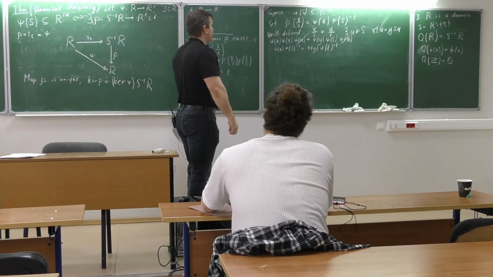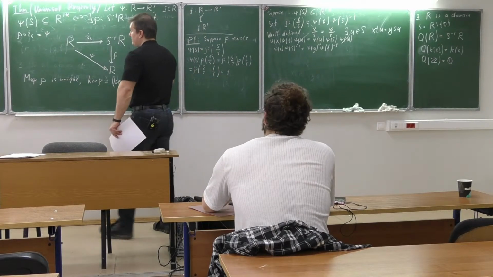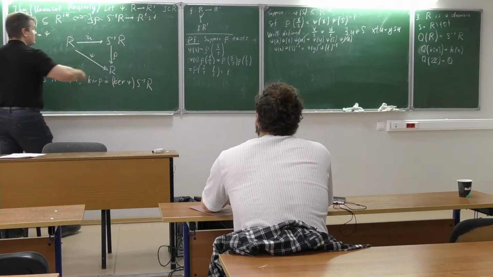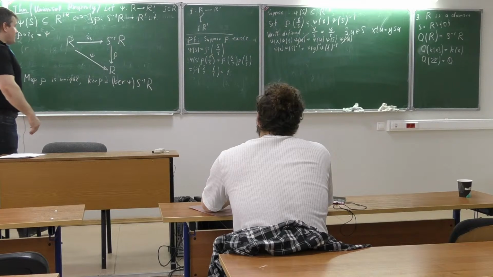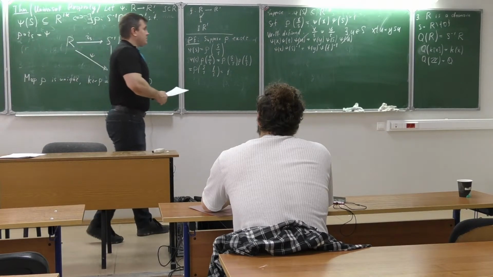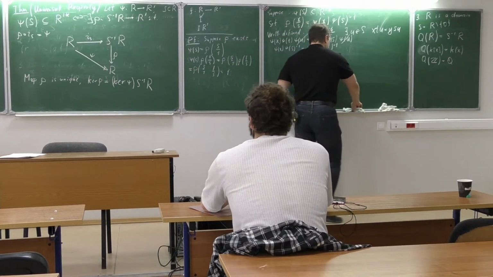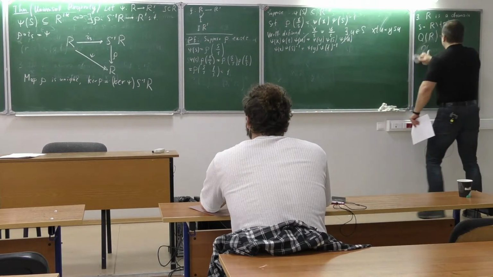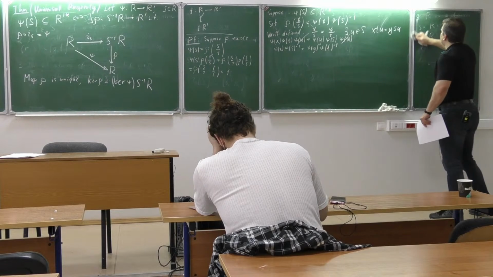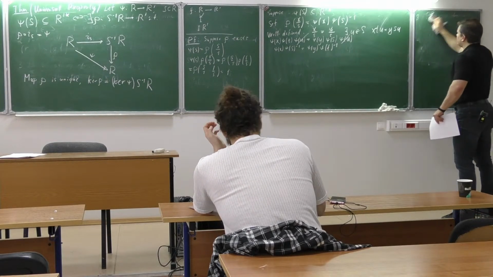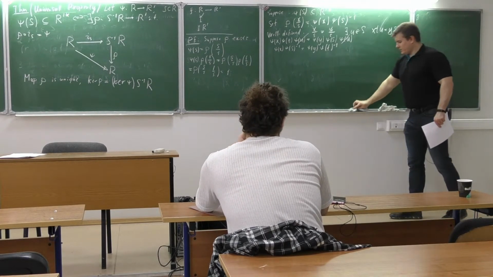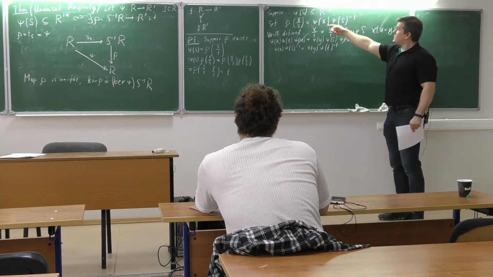So that's a well-defined map, and the rest of the claims here are completely trivial. So you can see that the diagram is commutative, and this is definitely a ring homomorphism. And moreover, you can see that such a map is unique, because whenever you have such a map, it will always be given by this formula.